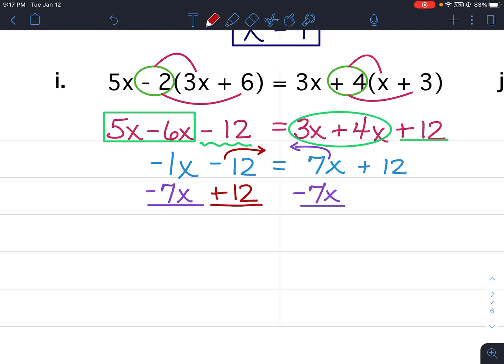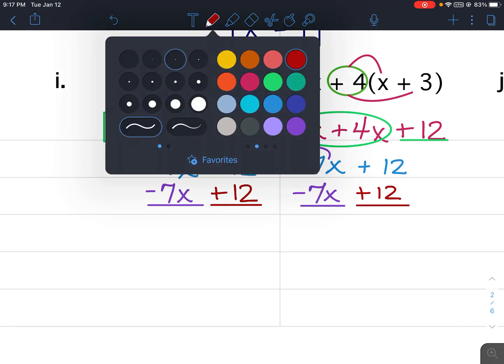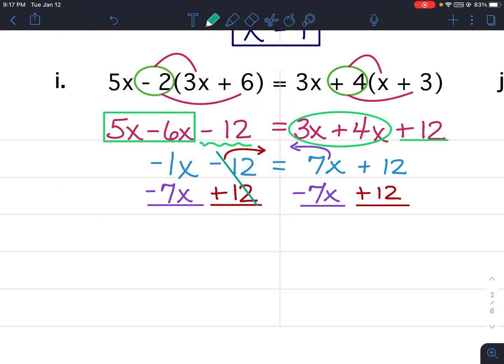It's negative, so I'll make it positive. Twelves cancel. Negative 7x cancel. All right, negative 1 minus 7 would give me negative 8x. 12 plus 12 is 24.